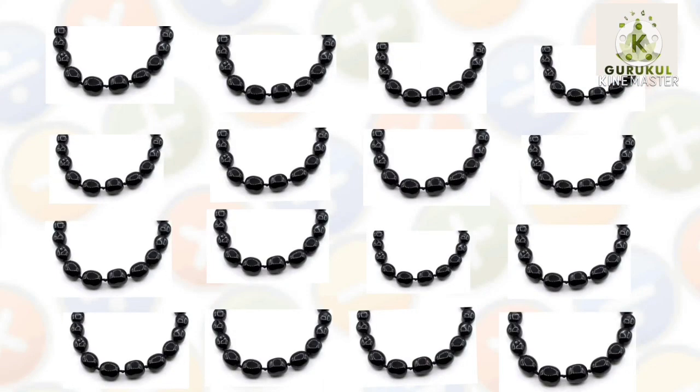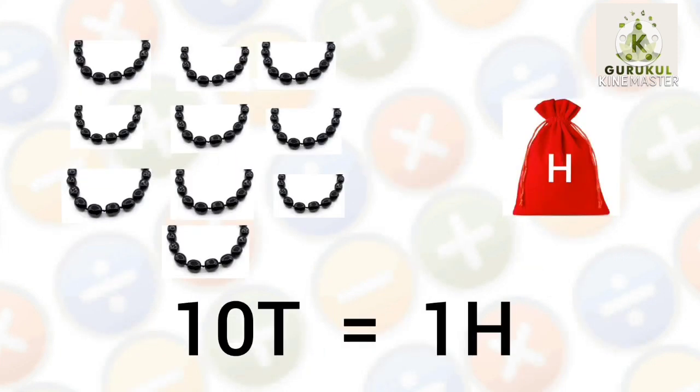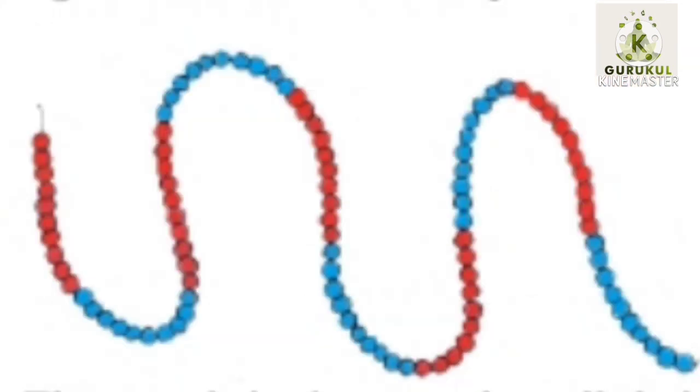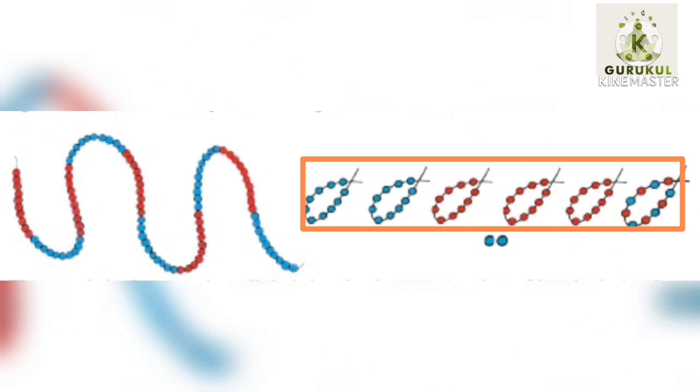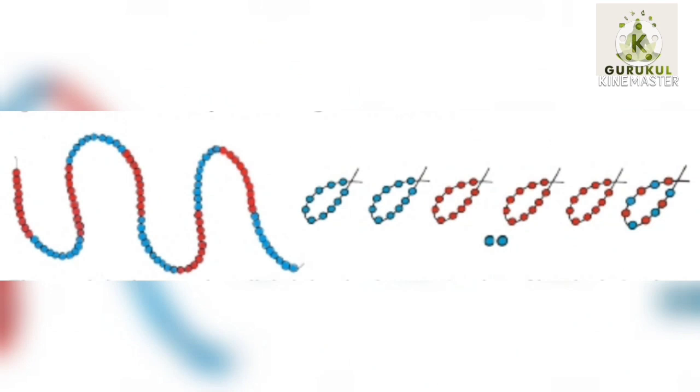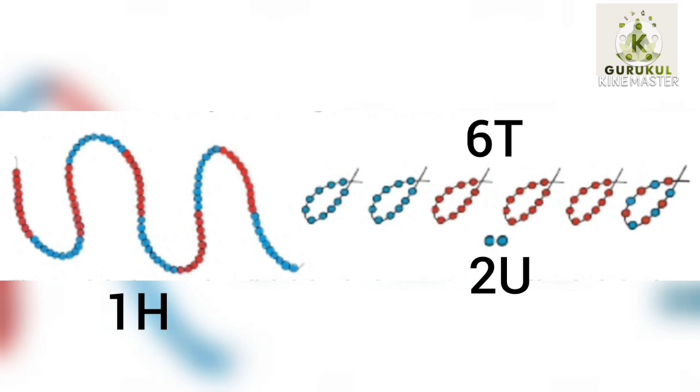Now they had 16 strings of 10 altogether. 10 tens make 100. So what did they do now? They strung together 10 strings of 10 and got one string of 100. Then they had 6 strings of 10 left over. Thus, on bringing together all their beads, they got one string of 100, 6 strings of 10 and 2 single beads.